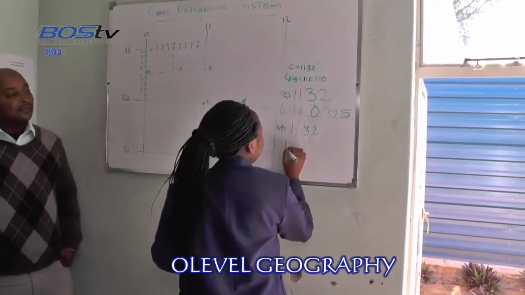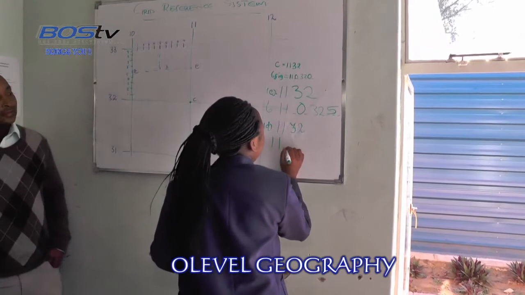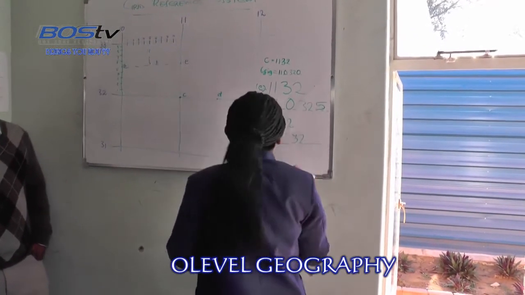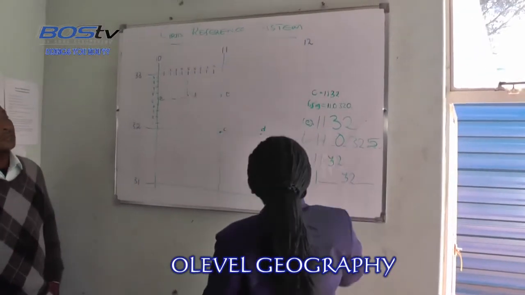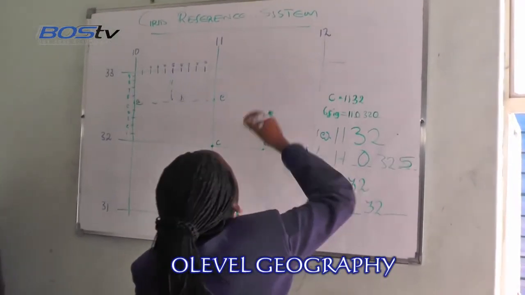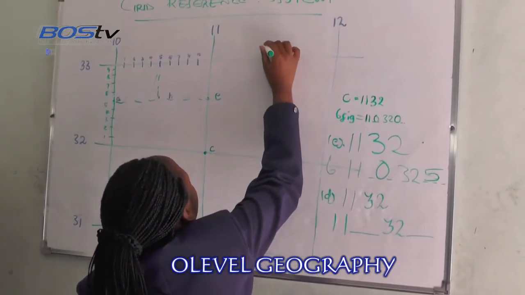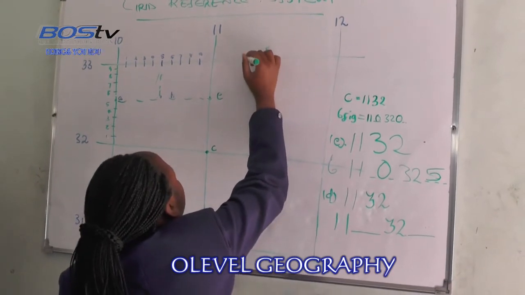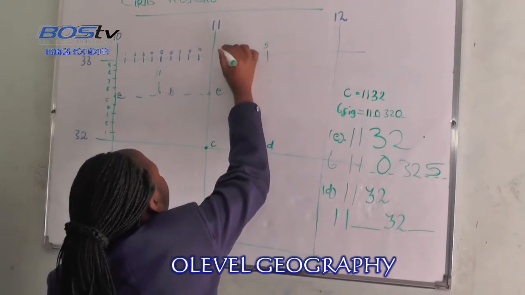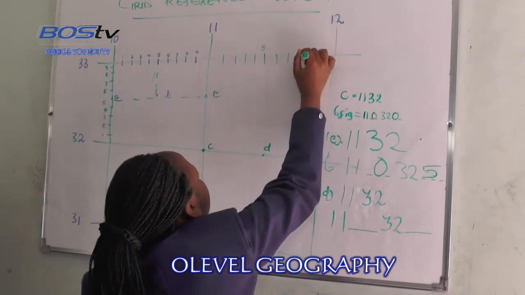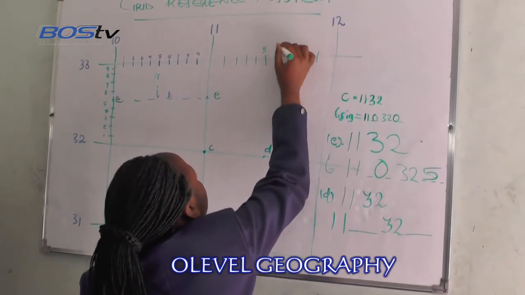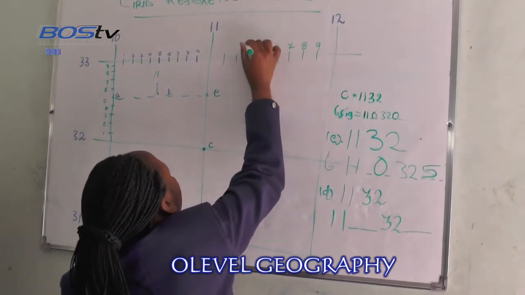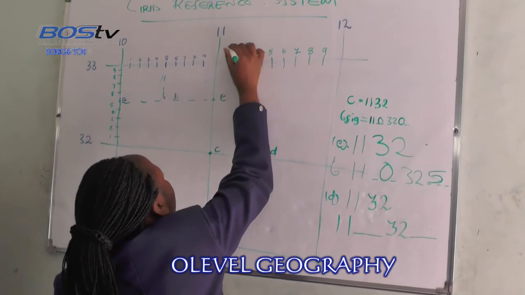And then for the sixth figure, we first put the 11, and then leave a space, and then we put the 32, and then put another space. So we first look at the distance here, and then we divide into 2 for our 5 here. And then we also put 1, 2, 3, 4, 1, 2, 3, and then 6, 7, 8, 9, 4, 3, 2, 1.